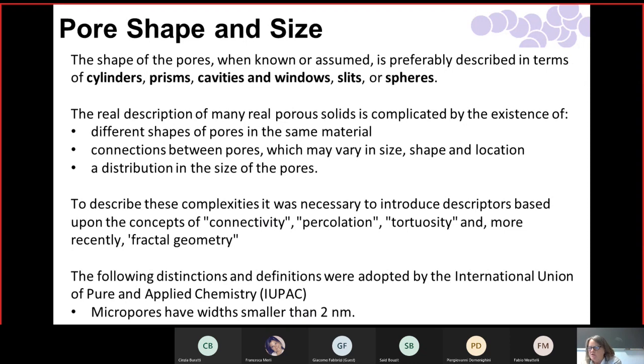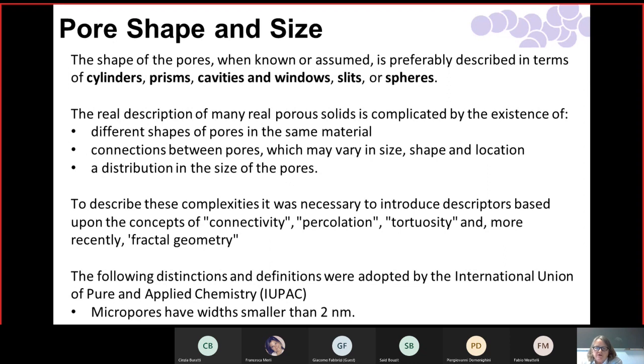Again, it depends on the shape. But they have a size smaller than 2 nanometers. Those are called micropores. Pores with diameters between 2 and 50 nanometers are called mesopores. And then pores that are larger than 50 nanometers are called macropores.